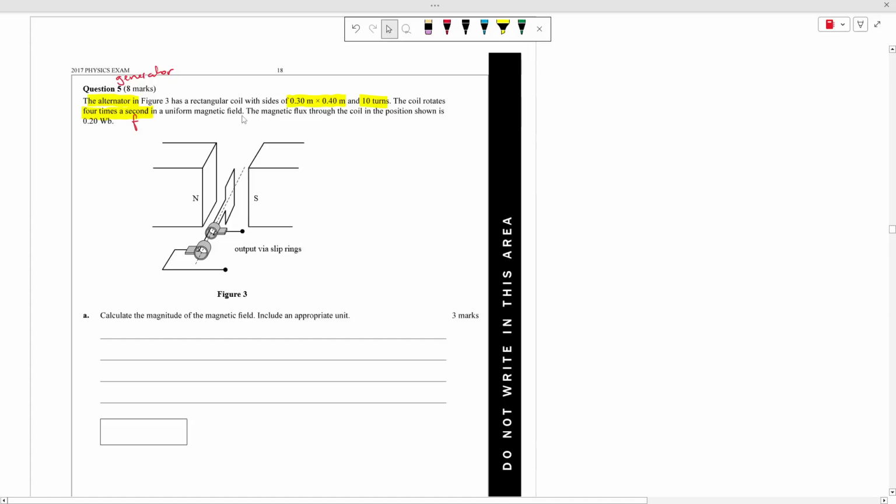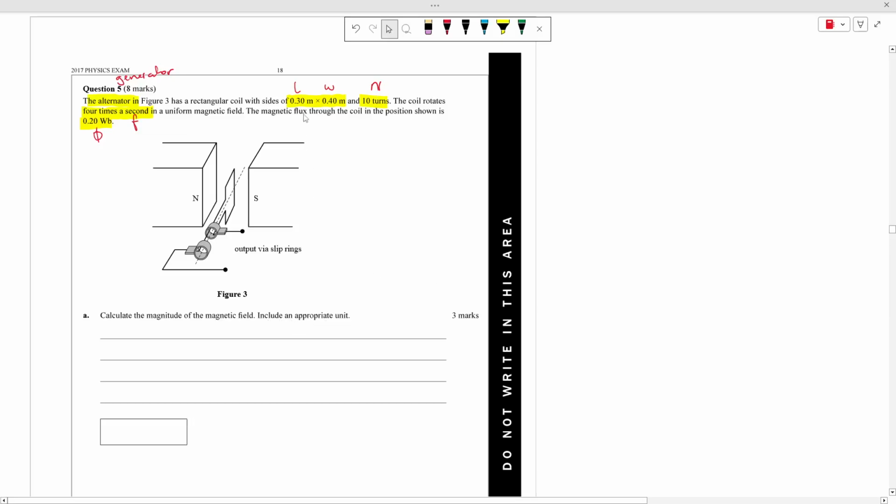In a uniform magnetic field, the magnetic flux through the coil in the position shown is 0.2 Webers. So here we've got a length and width, and that is an N. Let's read. What do we do here? Calculate the magnitude of the magnetic field. Include an appropriate unit.